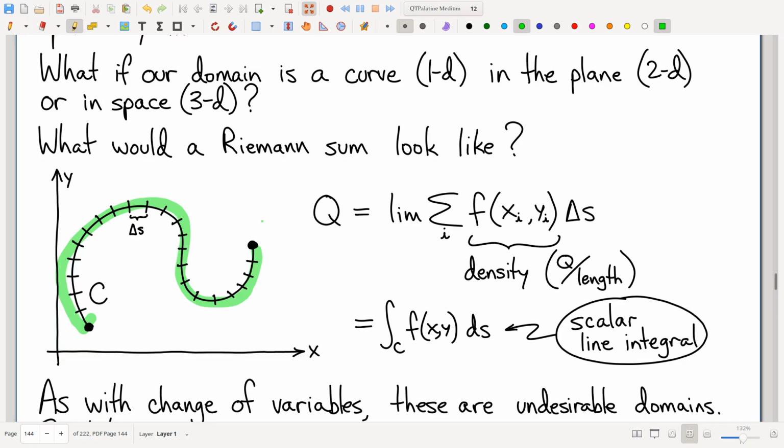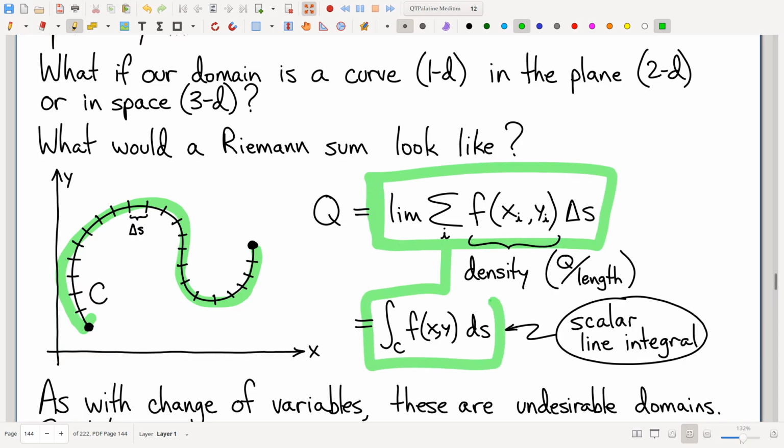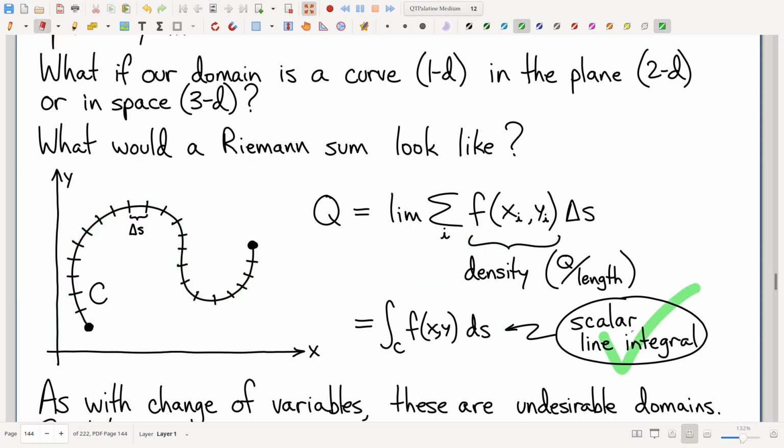It doesn't have any area. No area. It's intrinsically one-dimensional. But also it lives in a two-dimensional world, right? So what kind of an integral that we already have would we use for this? And the answer is we didn't have one. So we had to define, with a new Riemann sum, a new kind of integral called a scalar line integral. This is a real quick review of what y'all have already watched.